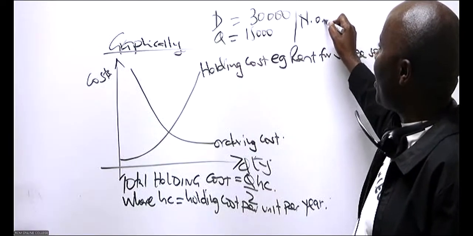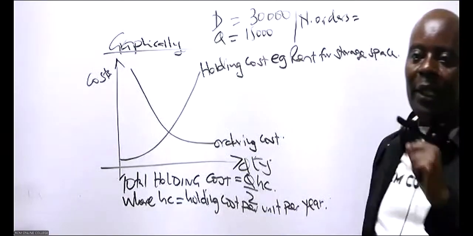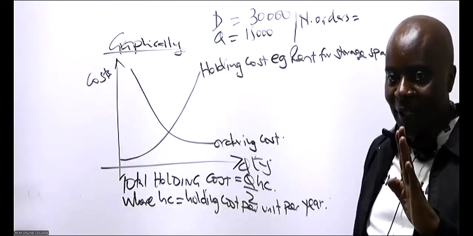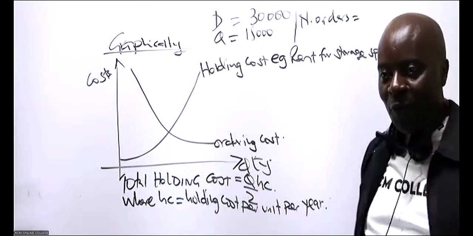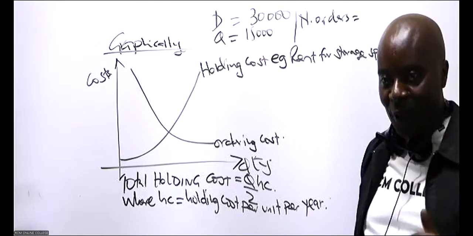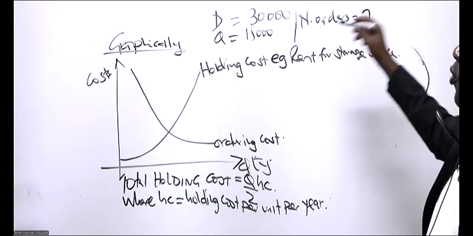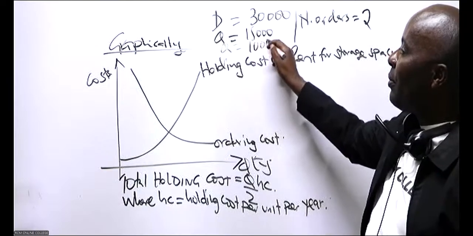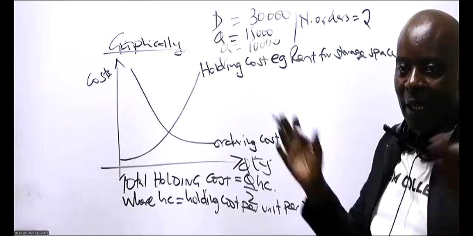Number of orders, somebody. You can see the annual demand is 30,000, and every time we acquire, we are buying 15,000. So we bring the first 15,000, we deplete, we go for the second 15,000, we exhaust the 30,000. So the orders will be 2. What if our Q was 10,000? With a smaller quantity acquired at a time, our orders will increase.